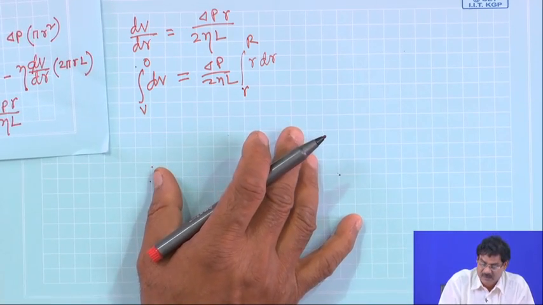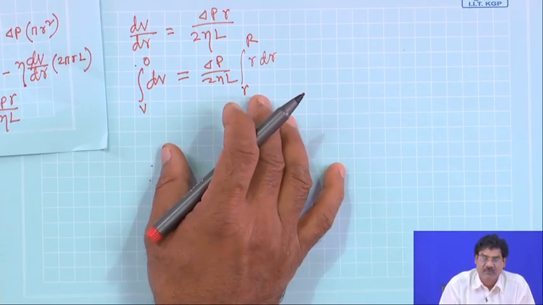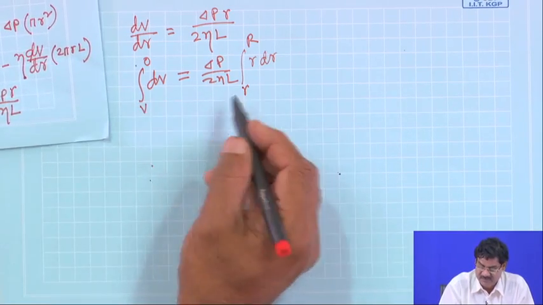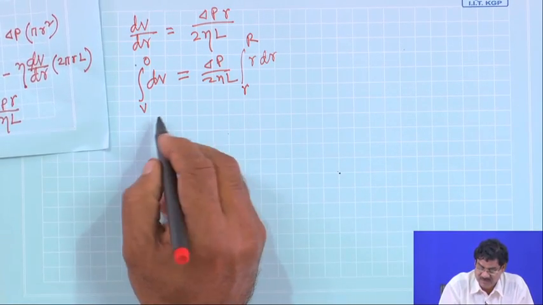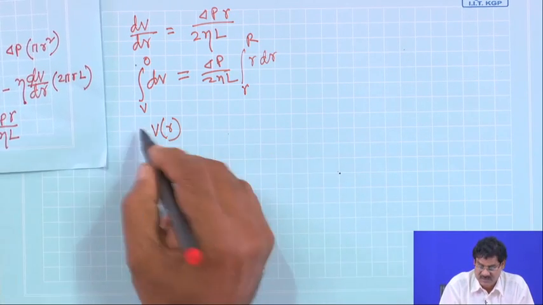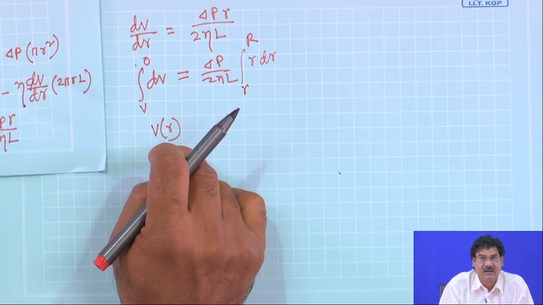Okay. So, then you have to integrate, and if you integrate, you get velocity as a function of r.